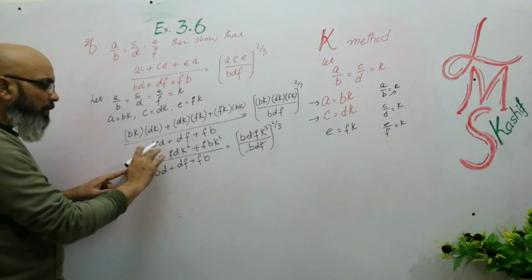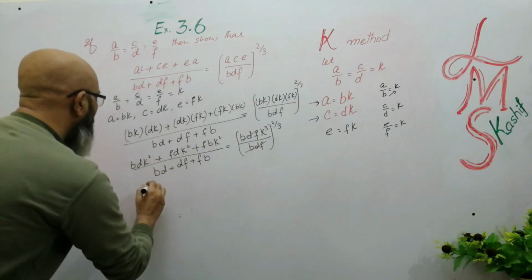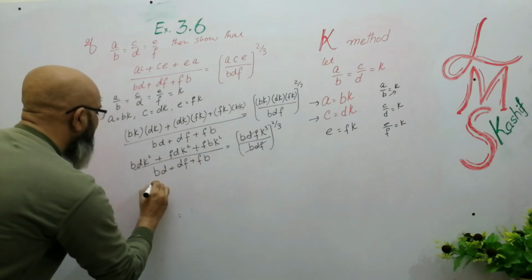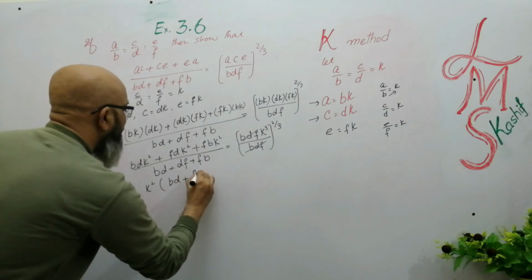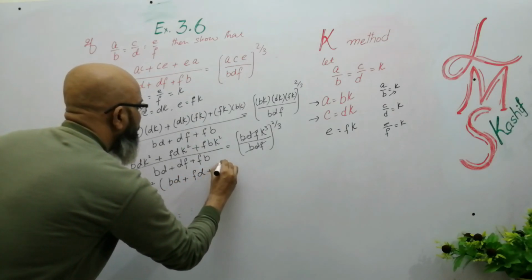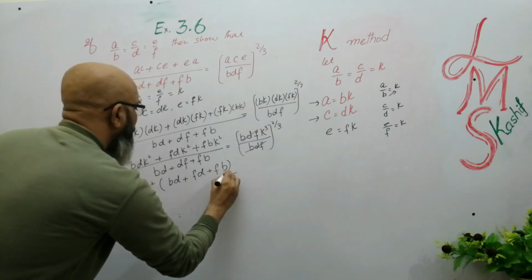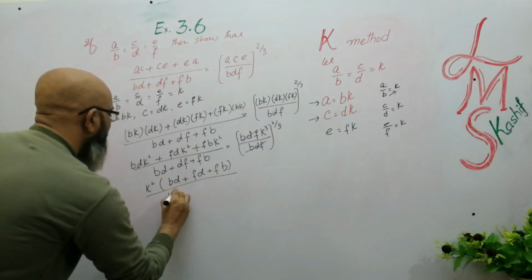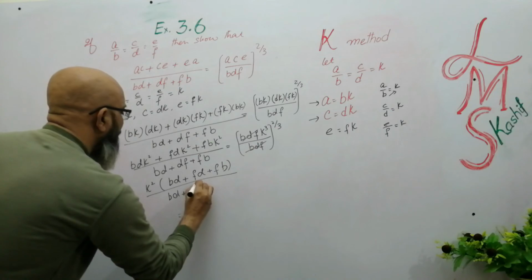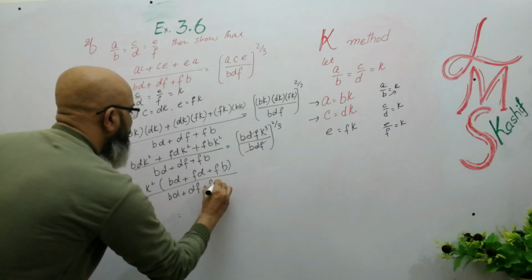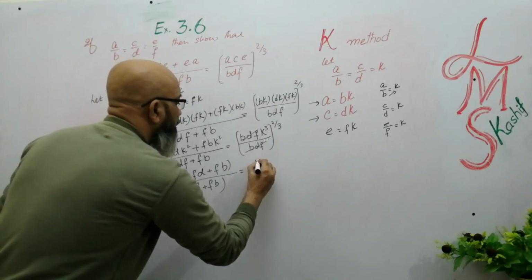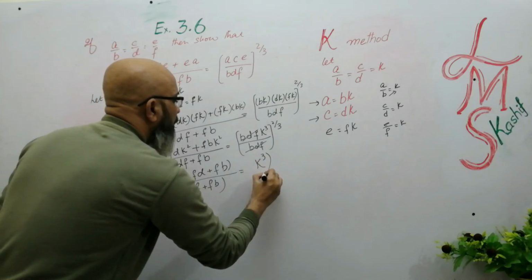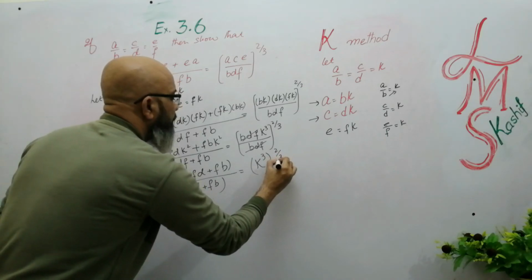Here we will take common first. What is common? Common is k square. What we get in the bracket? bd plus fd plus fb over bd plus df plus fb, the whole bracket is equal to k power 3 whole power 2 over 3.